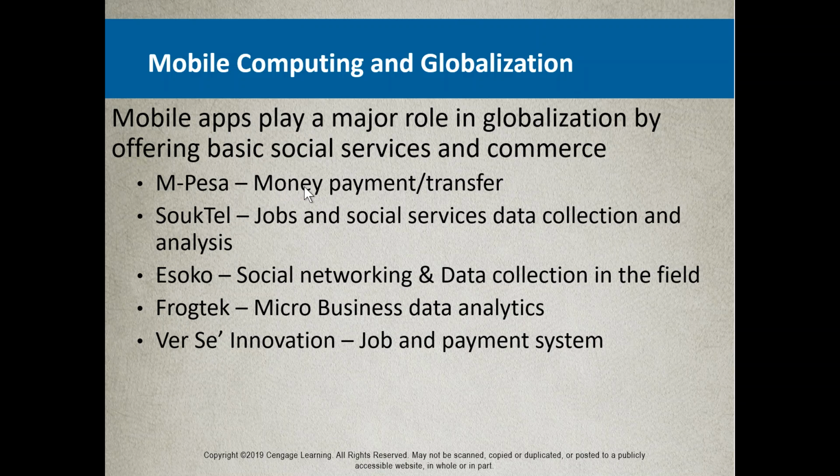I would use something like PayPal or Square or MasterCard to transfer money, or maybe Western Union. Finding jobs online. Again, if you're going to go internationally, you can look for jobs in other countries, which is a great feature. Or, of course, social networking and data collection, etc. So there are different apps that provide all sorts of advantages for people in other countries that don't necessarily have PCs.